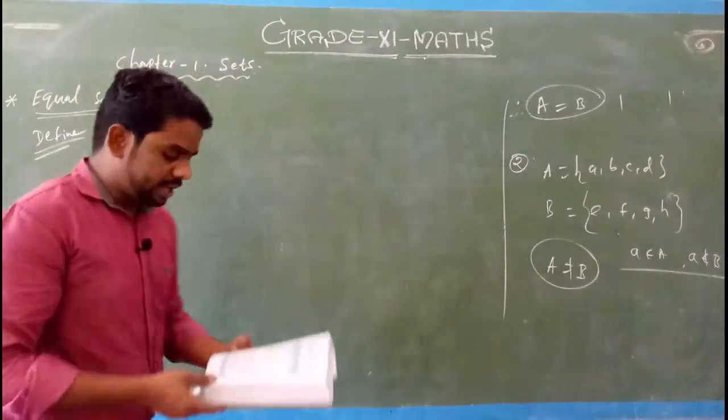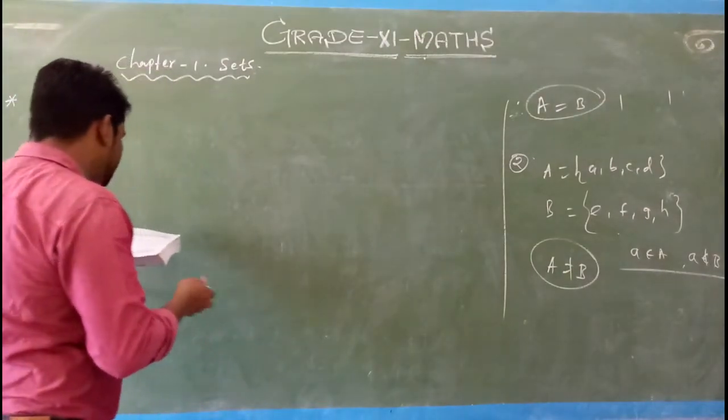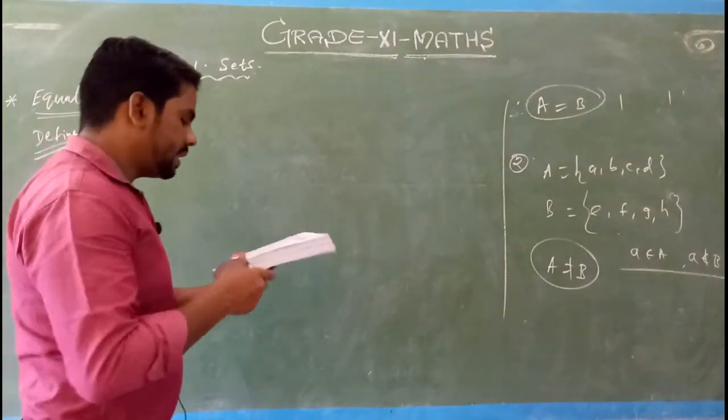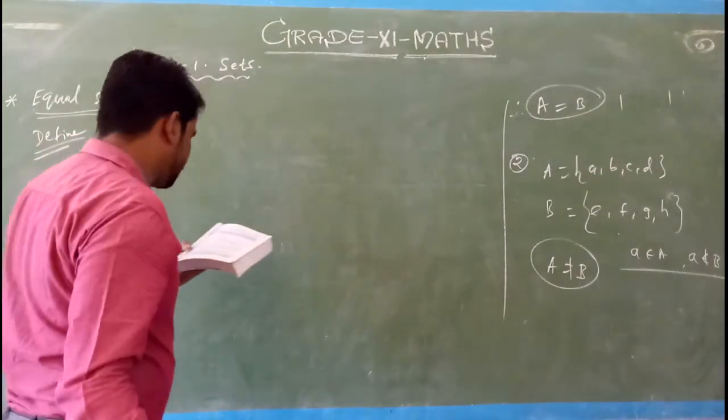Listen, the second example. Let A be the set of prime numbers less than 6 and P be the set of prime factors of 30.